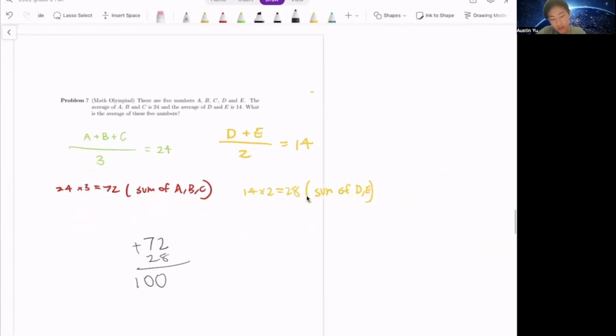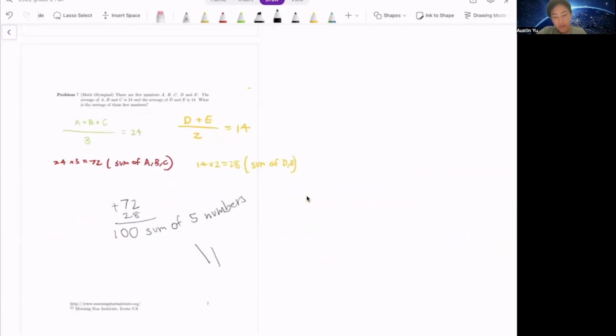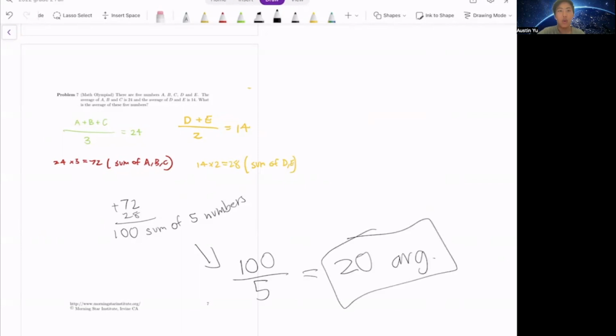And then 100, let me just write sum of 5 numbers. And then we can proceed to 100 divided by 5 numbers. This just gives us 20 average. So the average of these 5 numbers is 20.